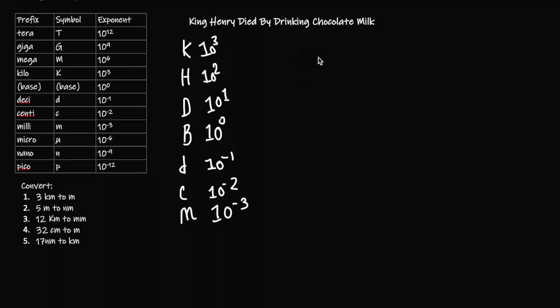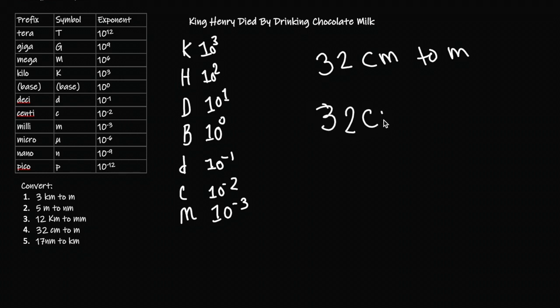So we want to convert for number 4 centimeter to meter. So we have 32 centimeter. We want to convert 32 centimeter to meters. So again, first of all, we're just going to write 32 centimeter. Then we write times. Below we have to write centimeter because we want to get rid of the centimeter.